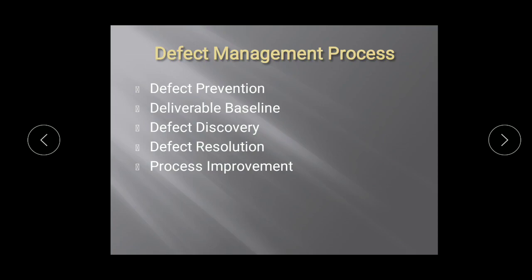The project manager must prioritize the defect and fix it. So the project manager needs to decide which defect should be highly prioritized, and higher priority defects are fixed first. They will be given the first chance.